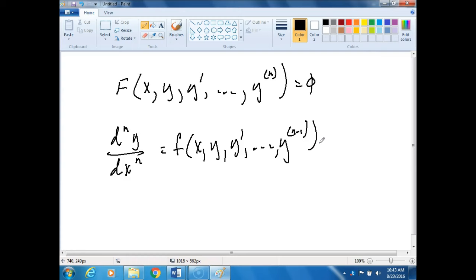Just making sure. All right, now let's move to classification by linearity. We've already hit it, so hopefully we don't need to spend too long with it. An nth order ordinary differential equation is said to be linear if the capital F here is linear in all of the y's.